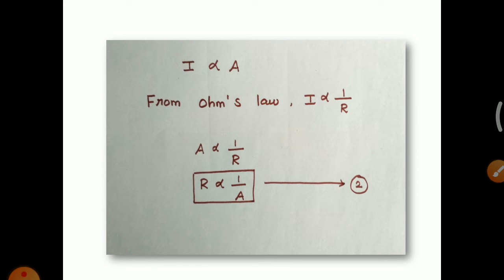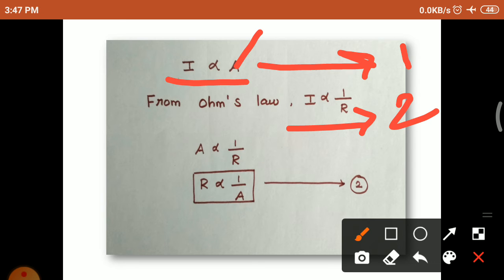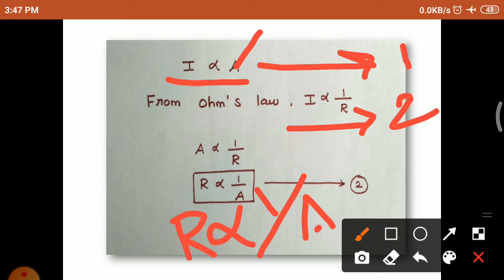From Ohm's law, we know that I is inversely proportional to 1 by R. Here the left hand side is the same, this is equation 1 and this is equation 2. So I equate the equations: A inversely proportional to 1 by R. When I rearrange that, R is inversely proportional to 1 by A. That means when R comes here, the A goes here.